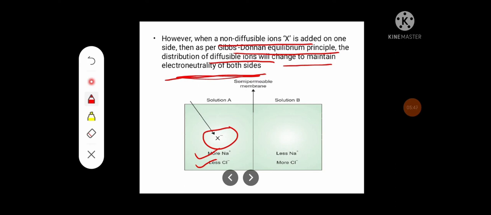So there will be an unequal distribution of anions and cations in solutions A and B.